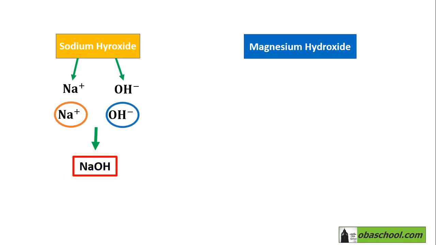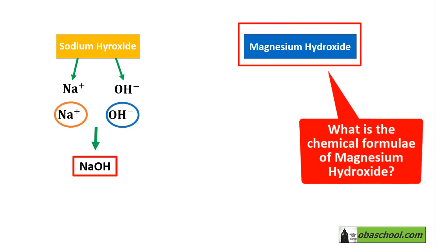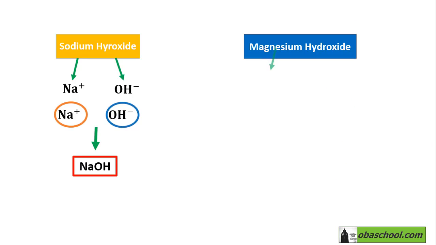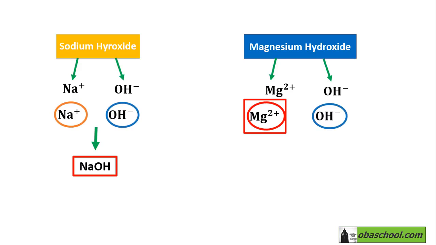Now, what is the chemical formula of magnesium hydroxide? Magnesium is in group 2, so it will always give Mg2+, and we know that hydroxide is again OH-. Let's calculate the charges.